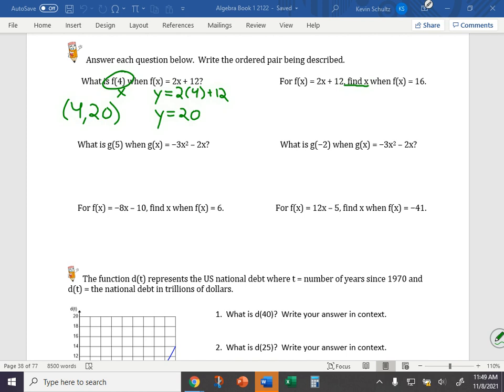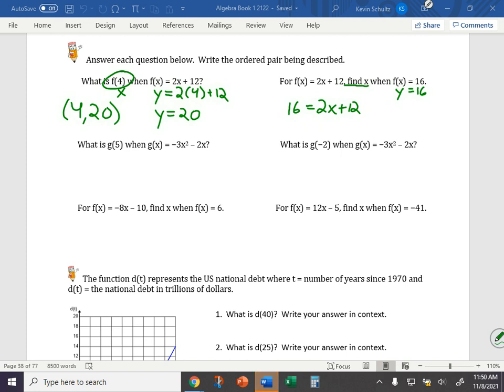It's giving you y. Remember, f of x is the same thing as y. So you could read this as find x when y equals 16, which means we're plugging in 16 for the y variable, that f of x notation, and we're going to have 16 equals 2x plus 12.